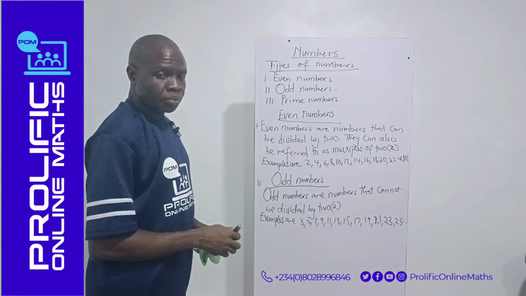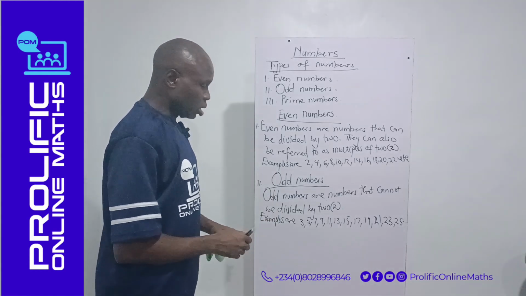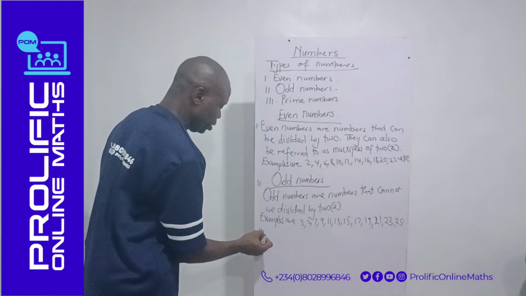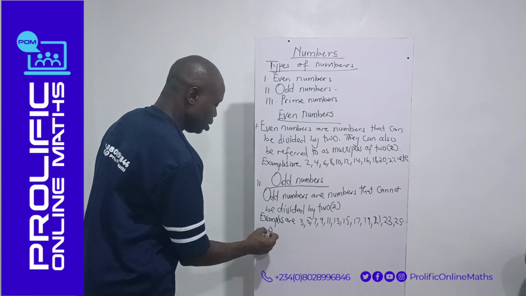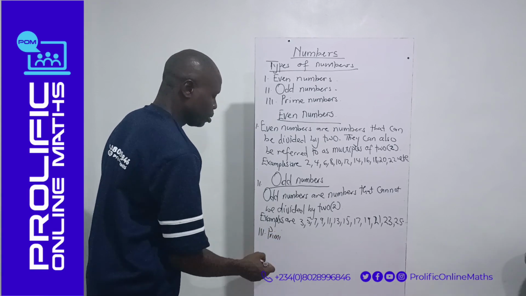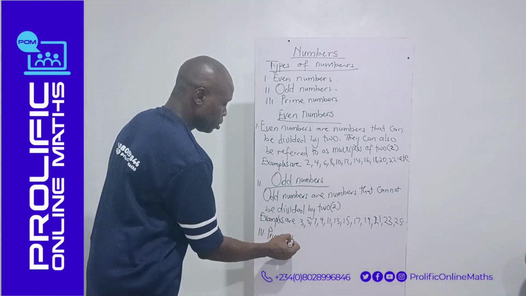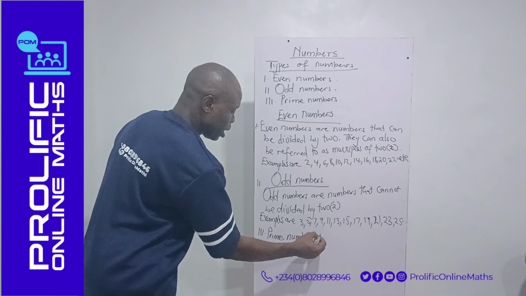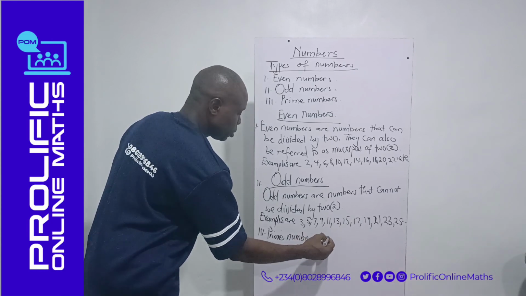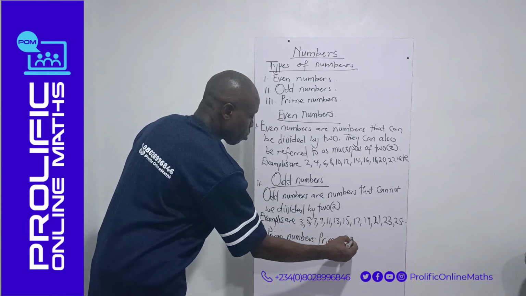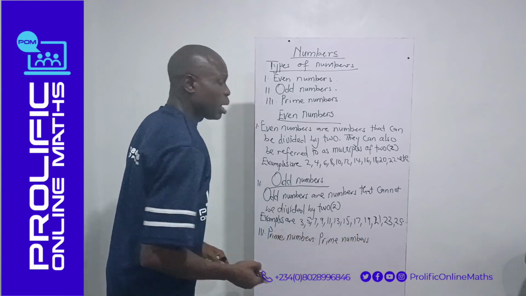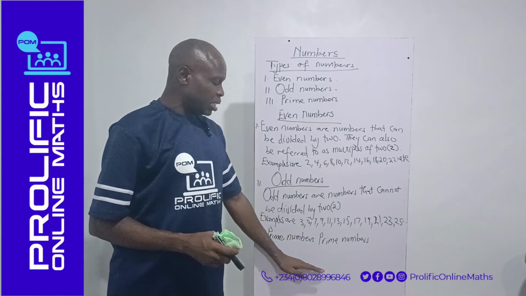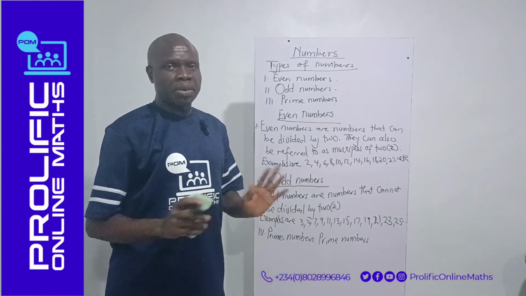The third one is prime numbers. Prime numbers are numbers that can only be divided by 1 and themselves.